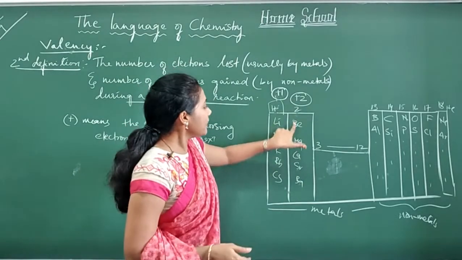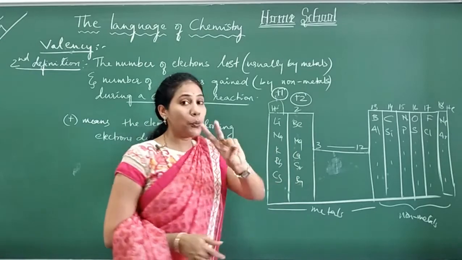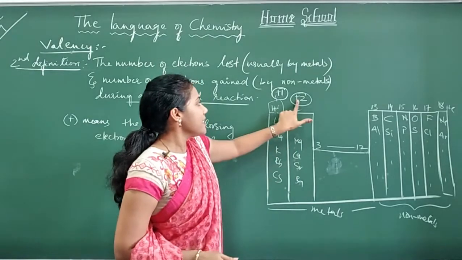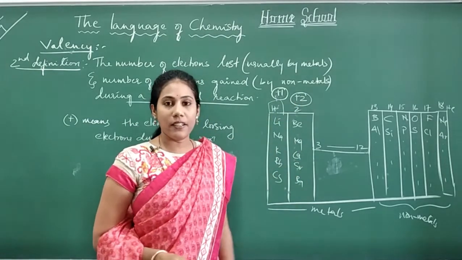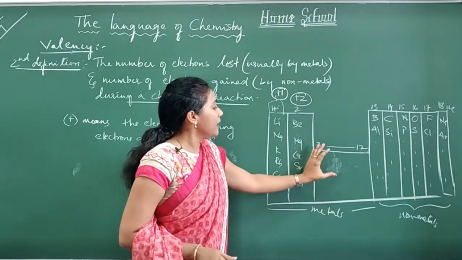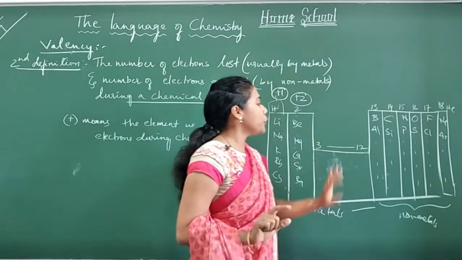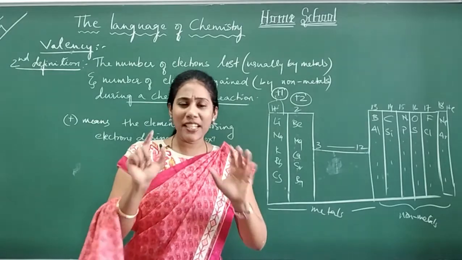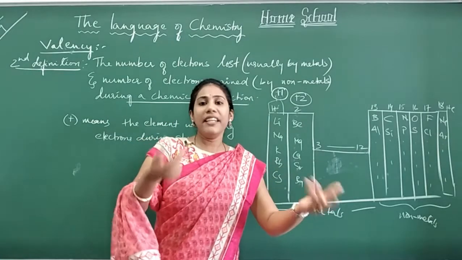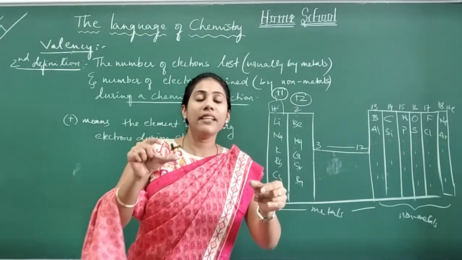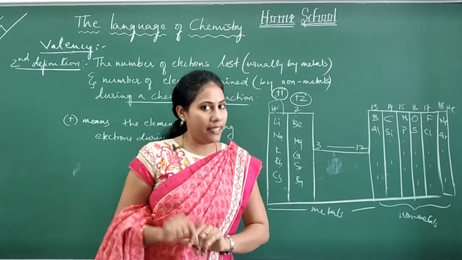How many electrons are these guys losing? 2 electrons. That is the reason plus 2 is the valency here. And elements from group 3 to group 12 don't have a fixed valency. They have a variable valency. About variable valency we will discuss a little later.